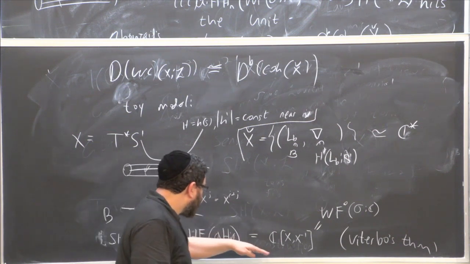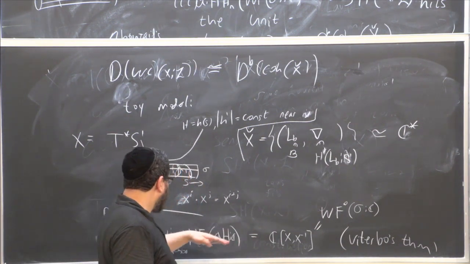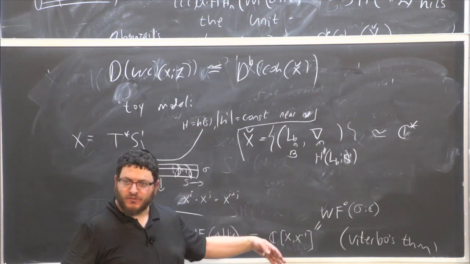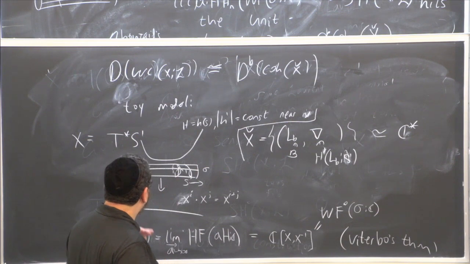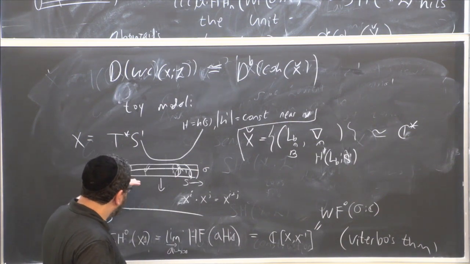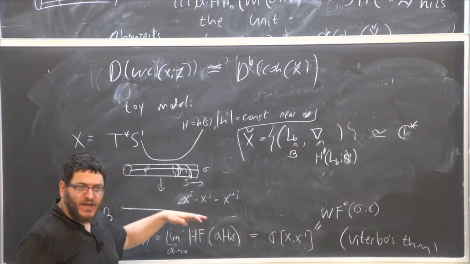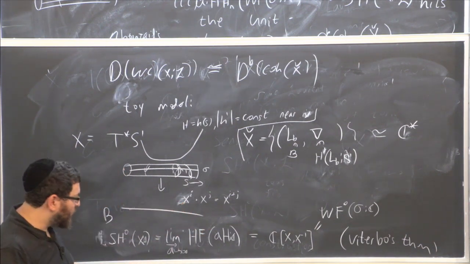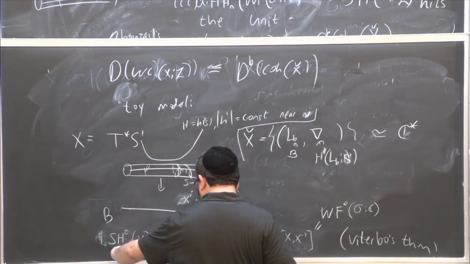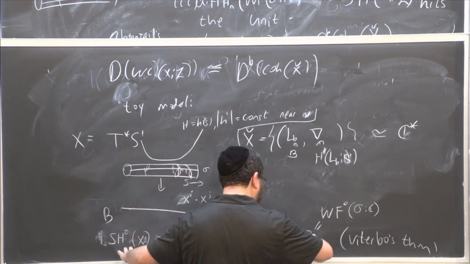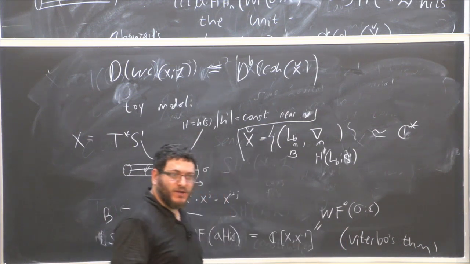Having a Lagrangian section whose Floer homology is concentrated in degree 0 is equivalent to the mirror being affine. When the mirror is an affine manifold, you expect this kind of relation between the zeroth symplectic homology and the zeroth wrapped Floer homology of this Lagrangian section.